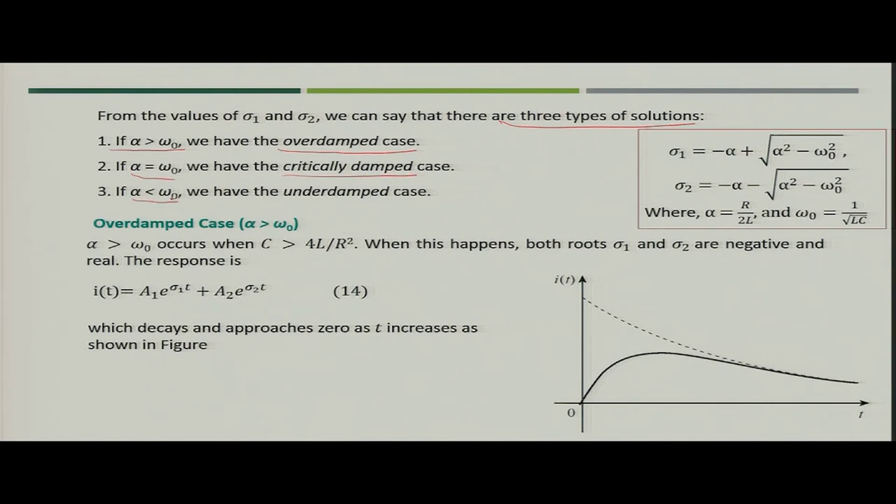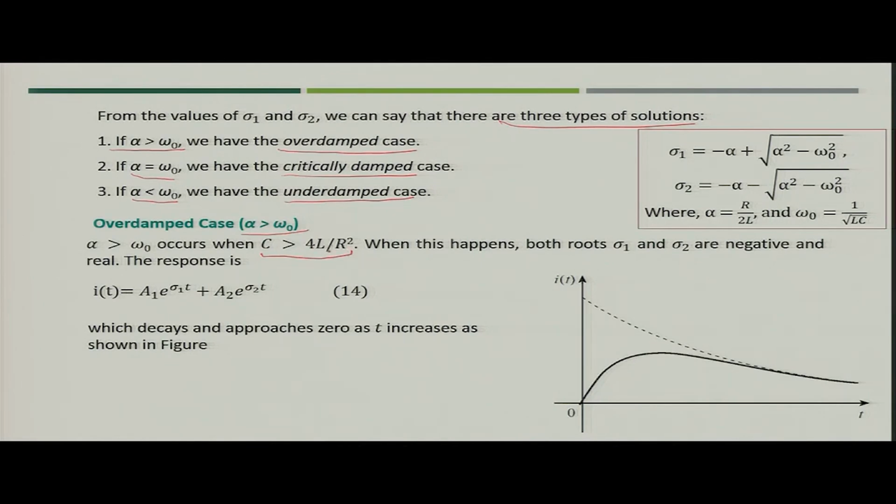When alpha is less than omega naught, we have the underdamped case. For the overdamped case, where alpha is greater than omega naught, the condition we got was C greater than 4L by R square.